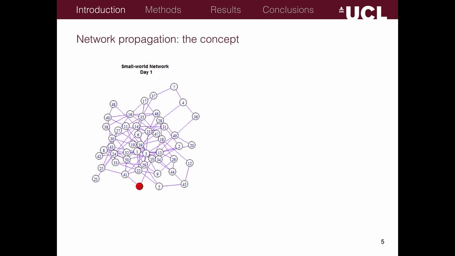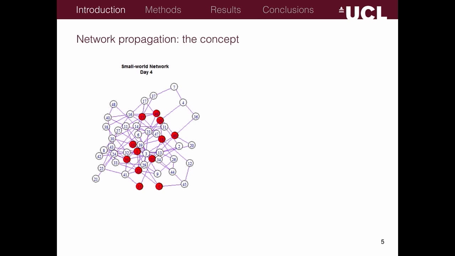So basically what network propagation does is to spread the effect of this rare mutation along the network edges, so that after a few iterations, basically all the genes in the network have been affected by this mutation by virtue of the small world property of biological networks.